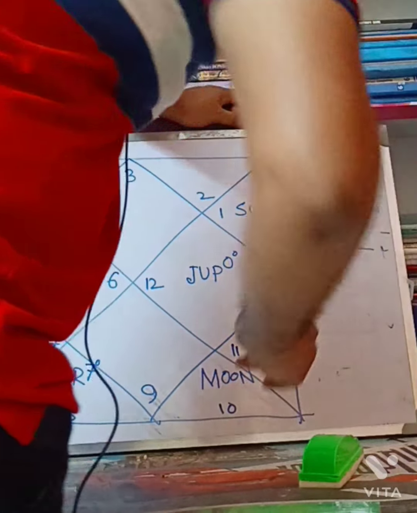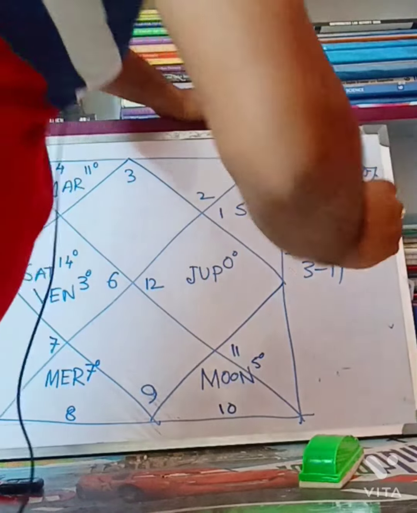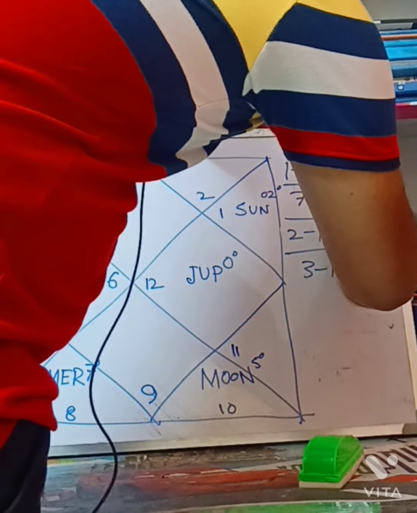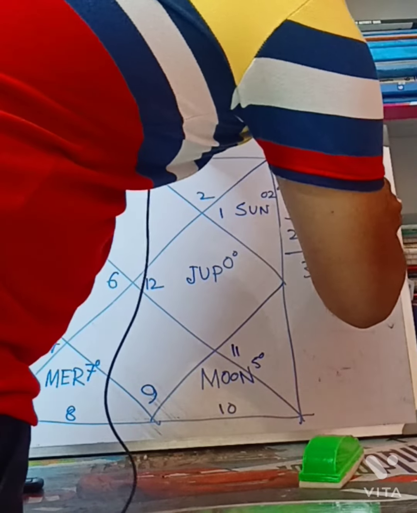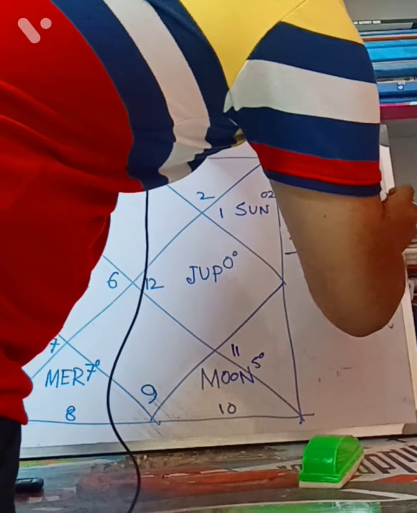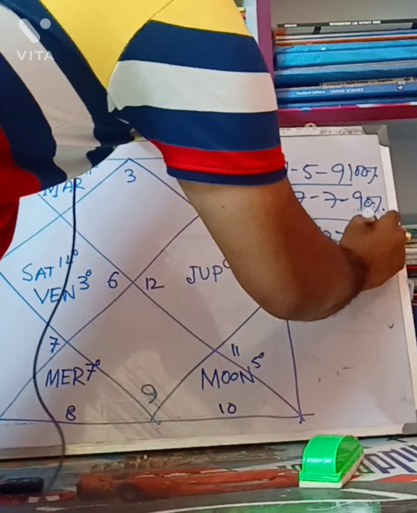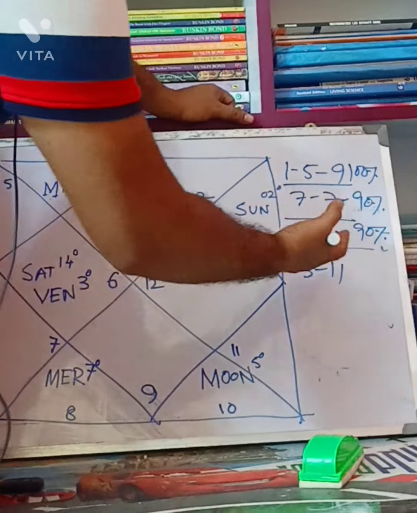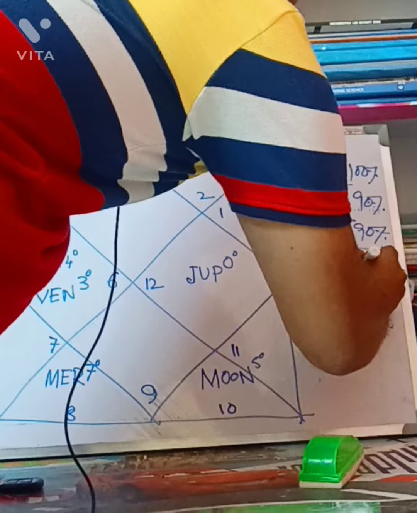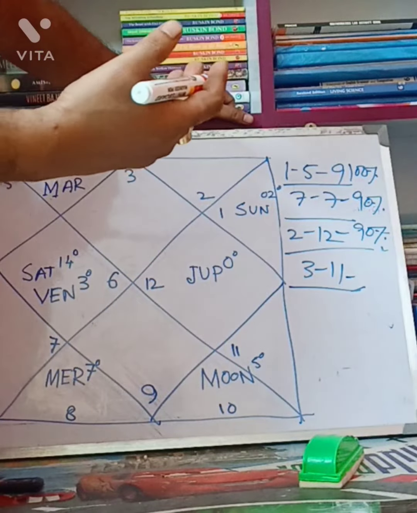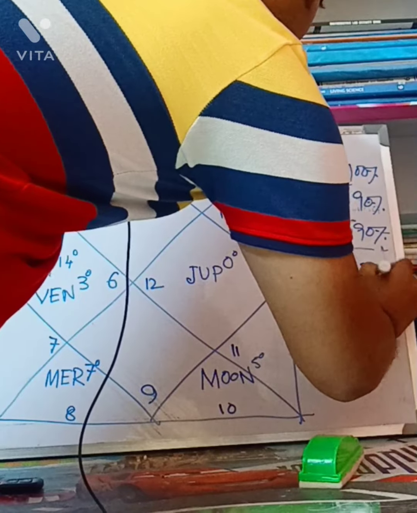So they are making conjunction with 100% strength. The 7-7 connection is deemed as about 90% strength. If we assess it, it will give 90% strength. The 3-11 connection has a bit lesser strength, that is 75% strength.